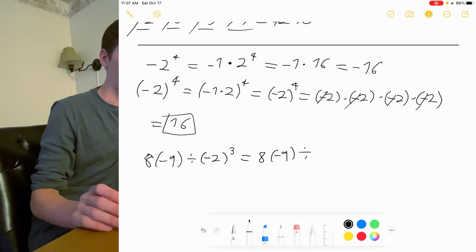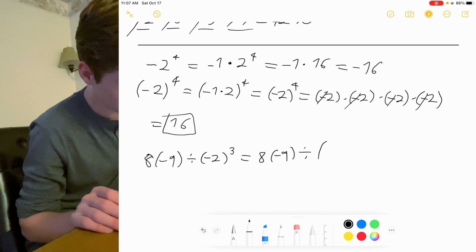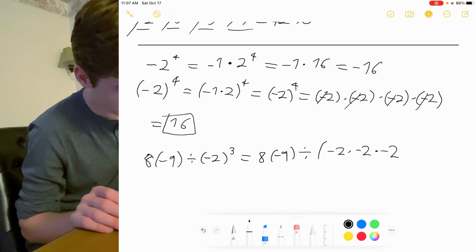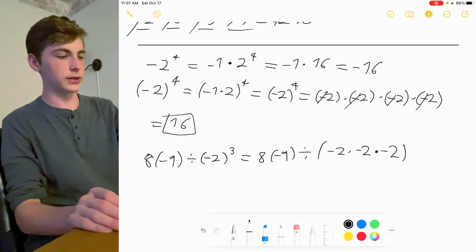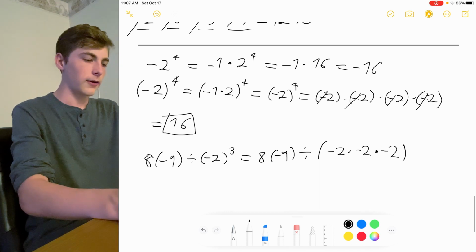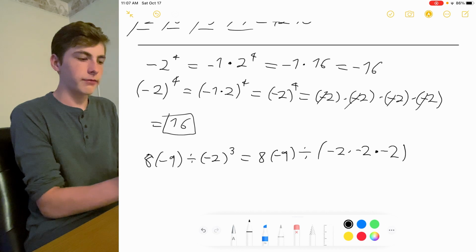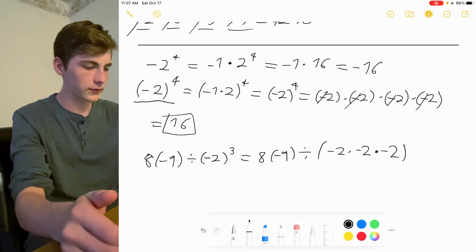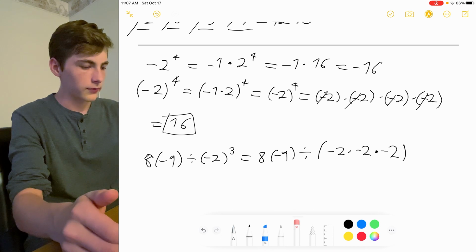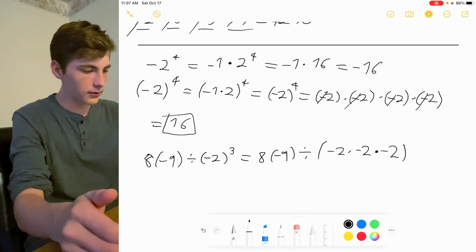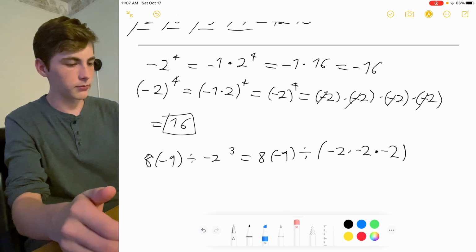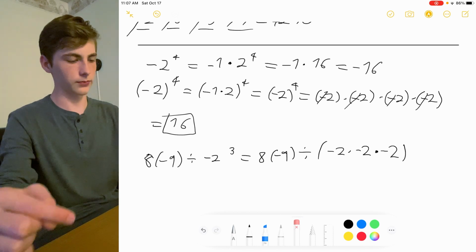What's that? Well, that's going to be negative 2 times negative 2 times negative 2. And we did remember, in this case, the negative happened first and then the exponent happened, because it was this kind of notation. As opposed to if this had not had parentheses around it, then this would end up being negative 2 times 2 times 2.